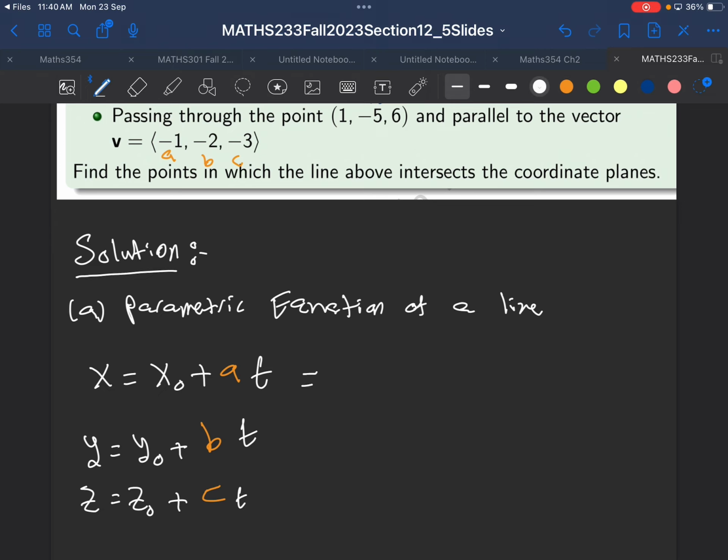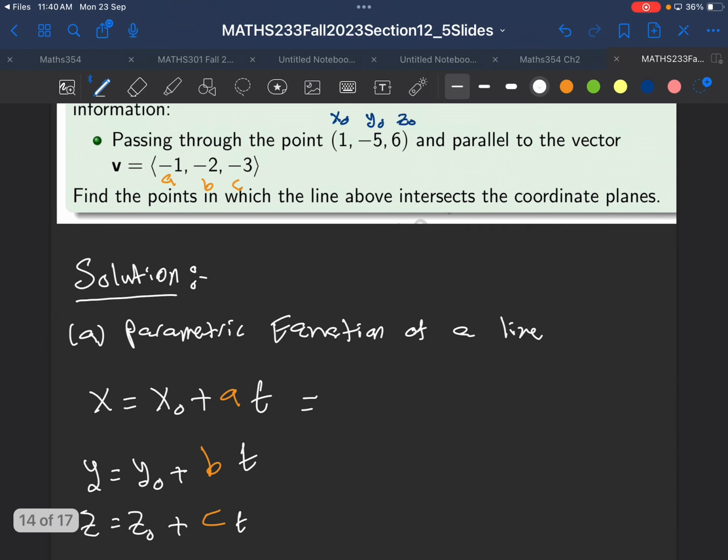Now, if we know everything, we can just substitute. So what is x naught? x naught is 1 plus what is A? A is negative 1 times t. And this just gives me 1 minus t. Now, for the y, we have y naught plus BT. What is y naught? y naught is negative 5 plus, we just write what is B. In this question, it's negative 2 times t.